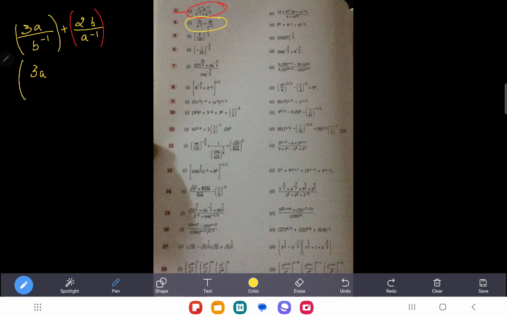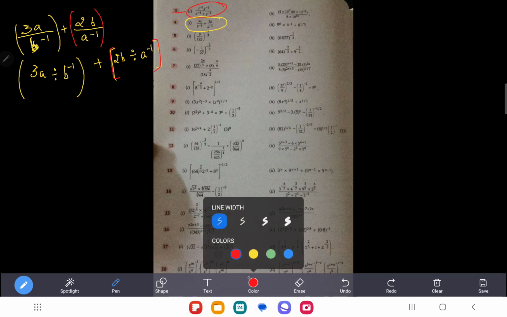The yellow bracket says 3a divided by b raised to power minus 1, because this is the divided sign. You don't like the negative power, so you change it. Exactly.